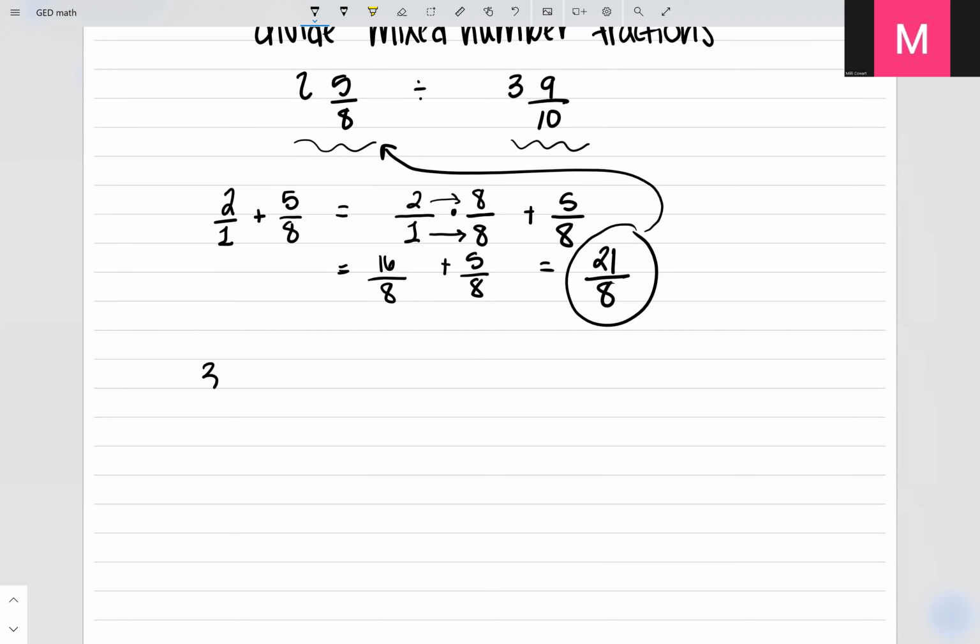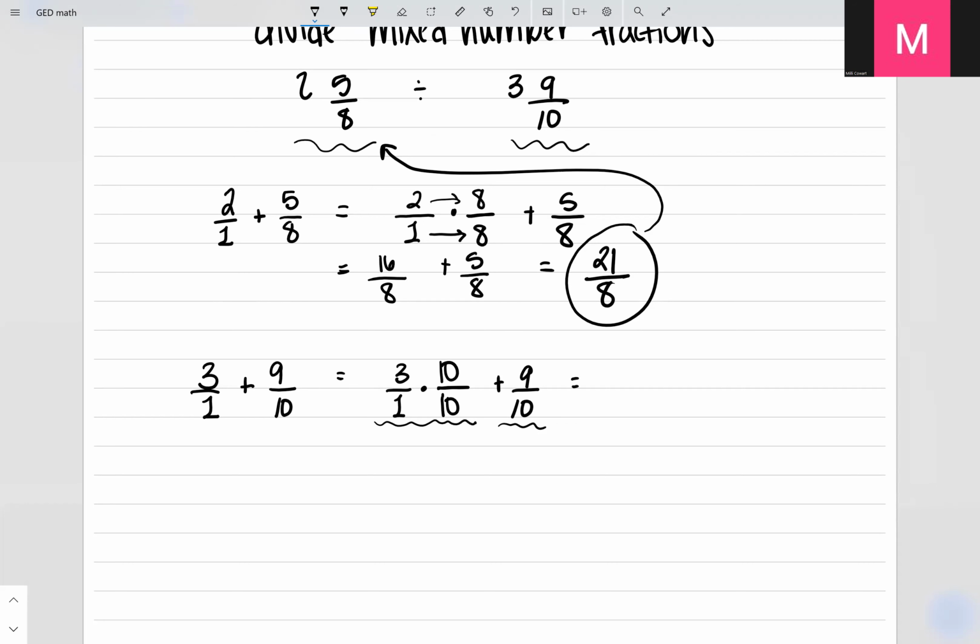And the next thing to do is 3 over 1 plus 9/10. Then our next step is to set up 3 over 1 times something over something plus 9/10. And since we have 10 here, and we want to make the denominator here 10, we're going to multiply by 10 on top and bottom.